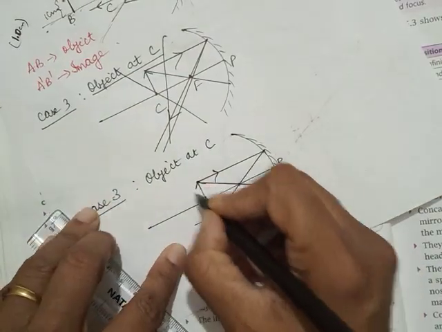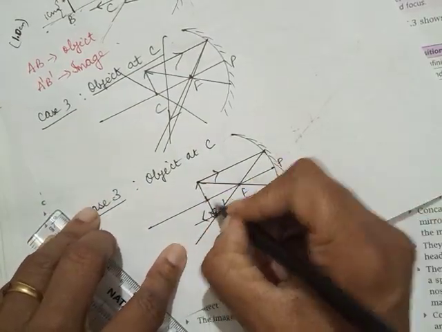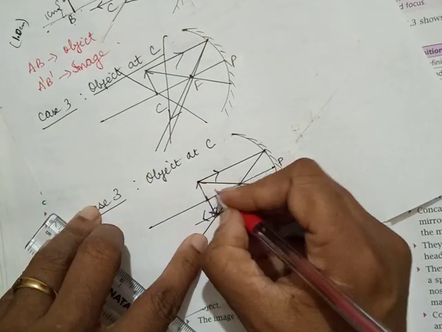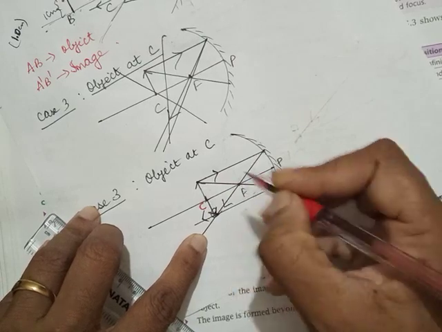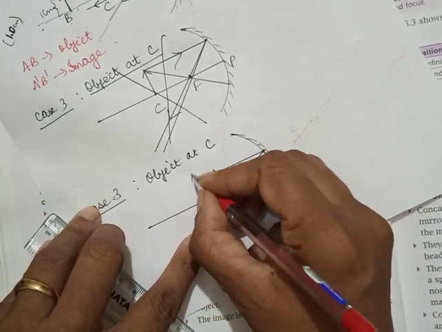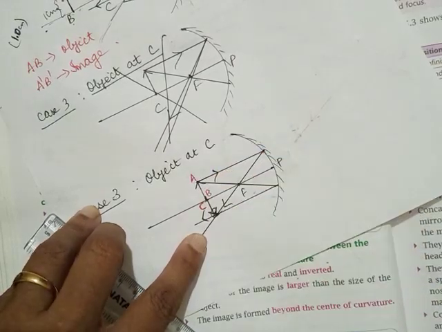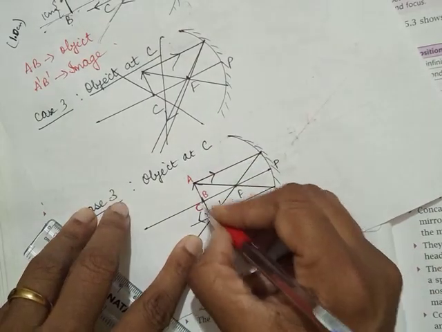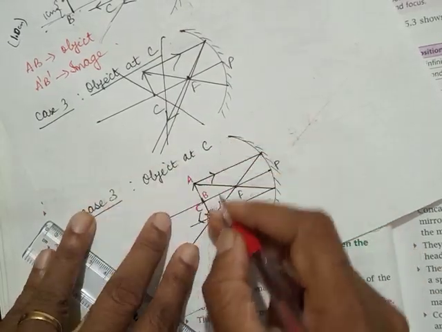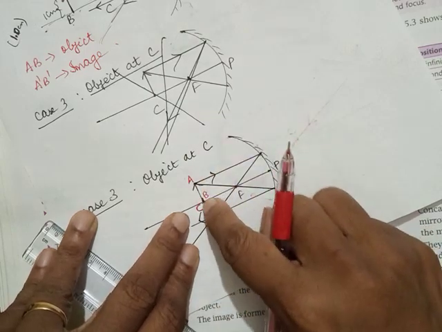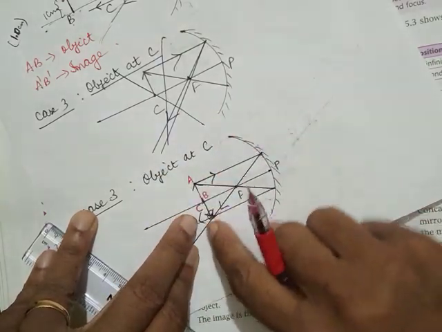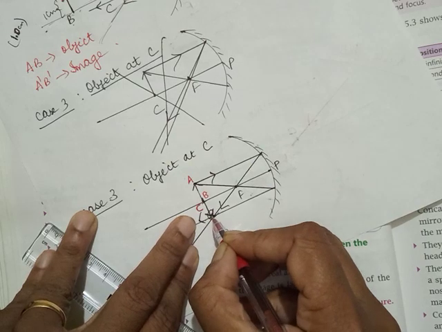And so this is C, right? This is your C, point C. This was your center of curvature. This is your focus. And this is A and this is B, the object. And in this case, your image will be exactly at C, but in an inverted way. These two rays meet at a point.